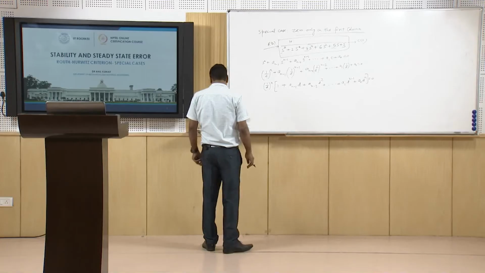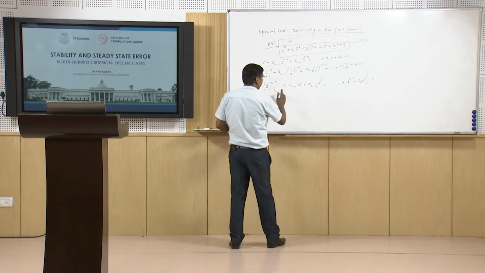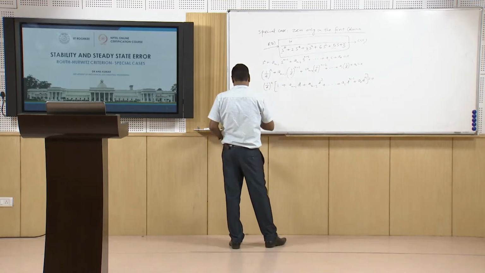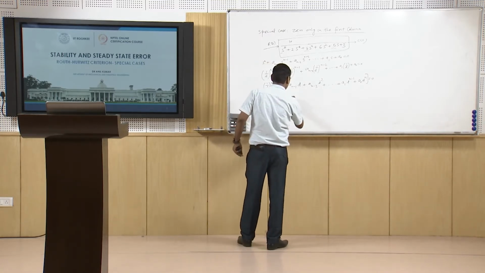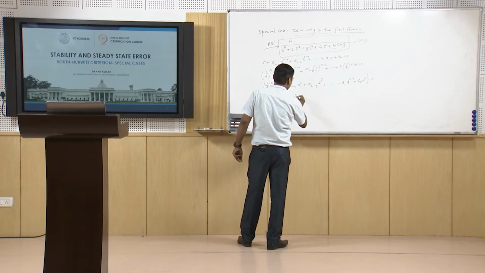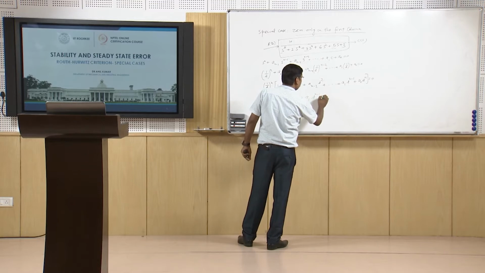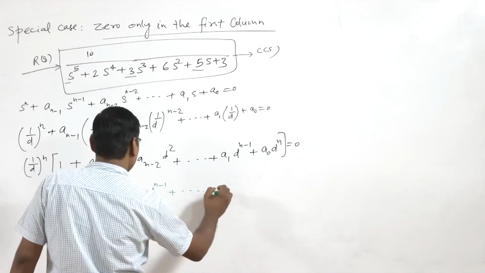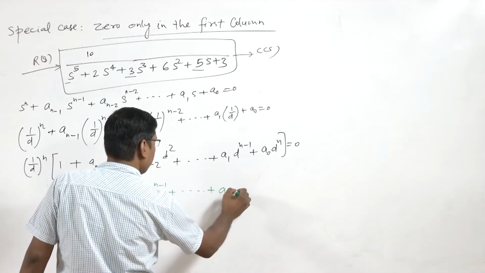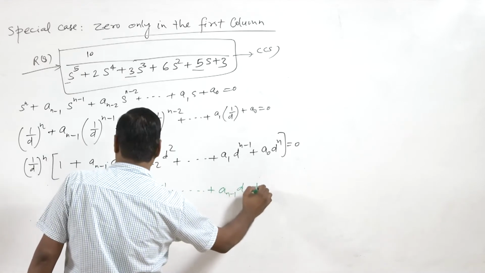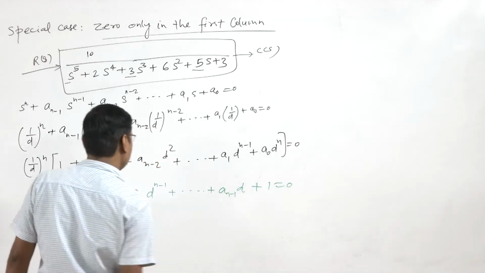So finally this polynomial is now a0 d power n plus a1 d power n minus 1 plus up to a n minus 1 d plus 1 equal to 0.